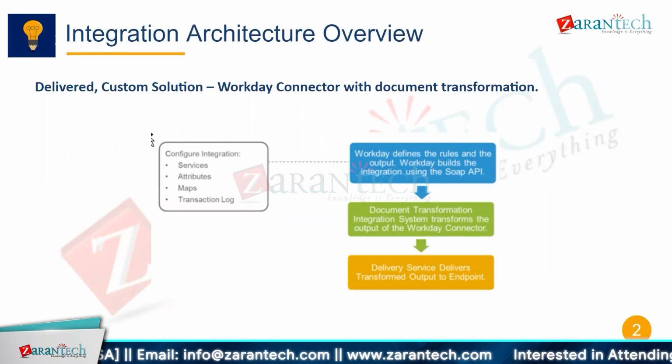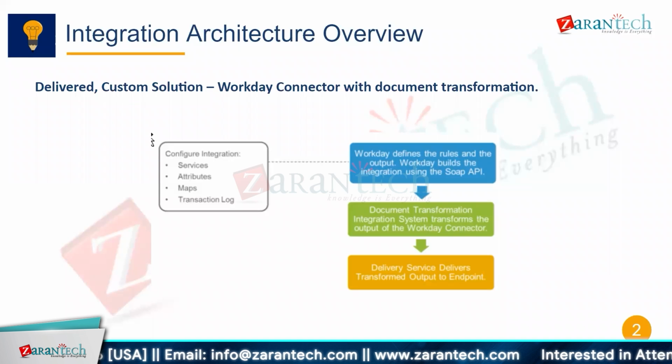So, delivered custom solution, Workday connectors with document transformation. Guys, I think let's take a break here before we jump into the document transformation. Let's try to absorb what we have discussed so far as to how integration connectors, the map, and the integration attributes work.